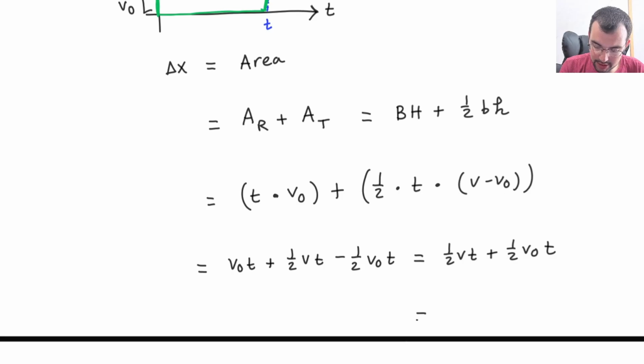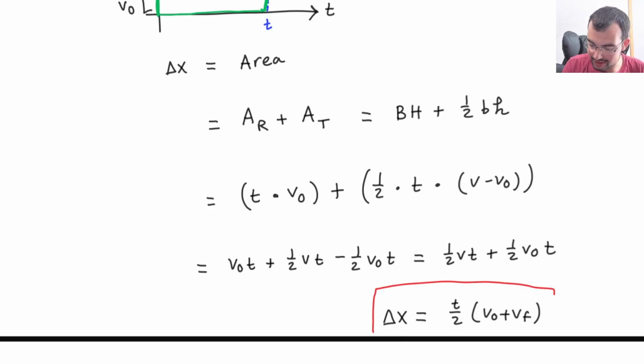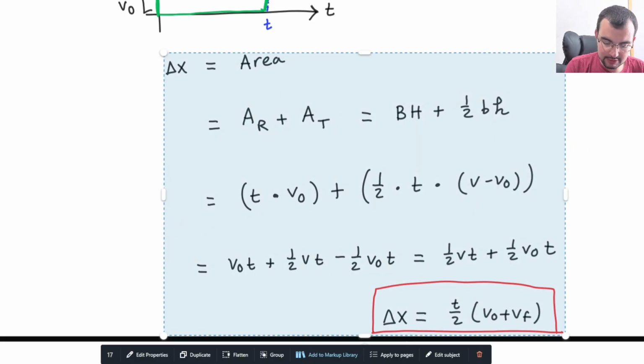And everybody brought a 1/2 and a t, so I get 1/2 t, or t over 2, times v0 plus vf. And that is the second kinematics equation. There isn't like a well-defined order. Like this isn't officially called kinematics number 2, but I like to just refer to them that way because we don't really have specific names.